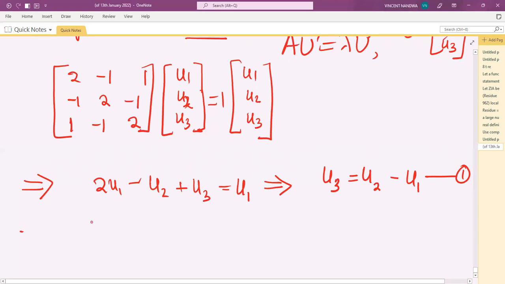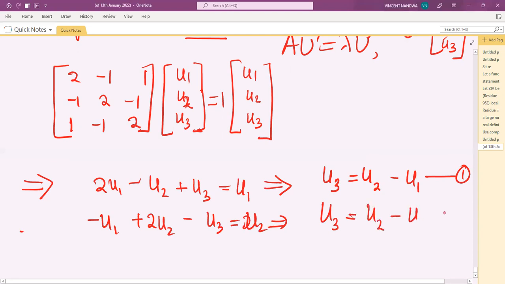Then minus U1 plus 2U2 minus U3 equals U2, which implies U3 is also the same as U2 minus U1. Call this equation 2.